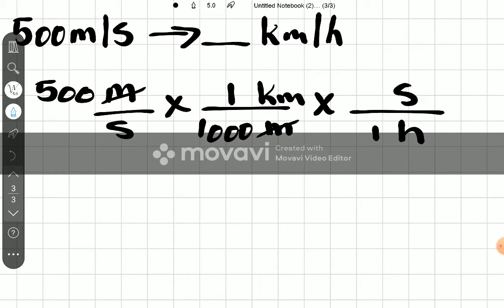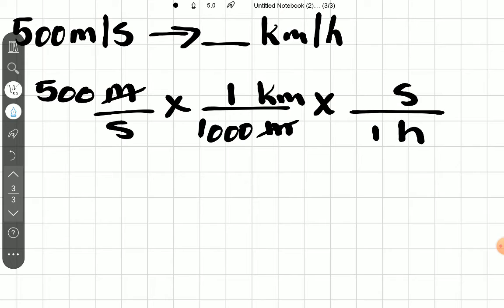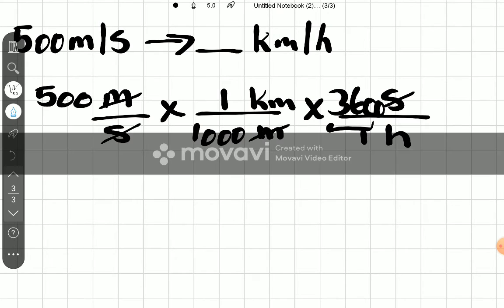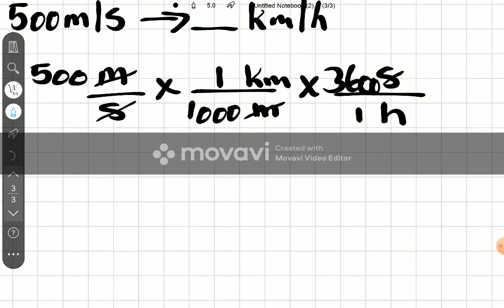In 1 hour, there's 60 minutes, and in 1 minute, there's 60 seconds. So 60 times 60 is 3,600. Okay, so then now we can cancel out seconds, and sometimes you would have to do this conversion of time on the side. So seconds cancel out now, and if you see, we're left with kilometers per hour.